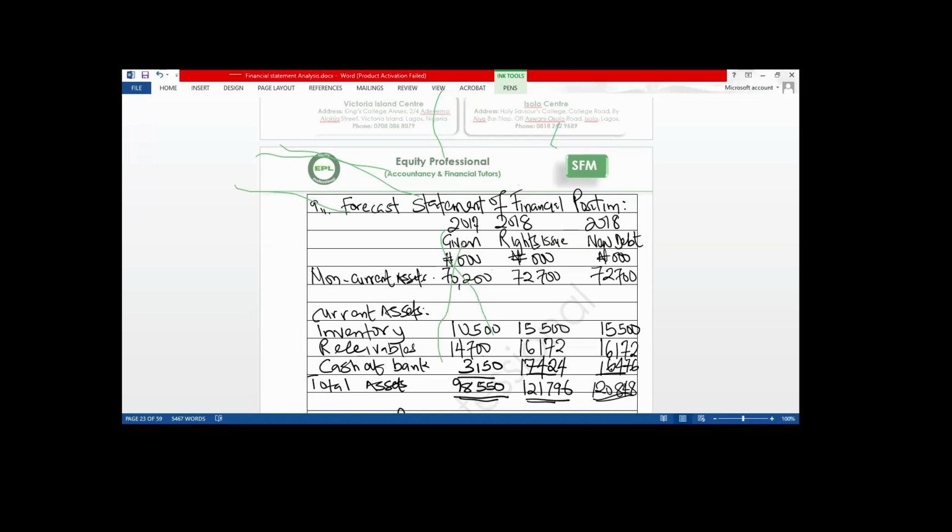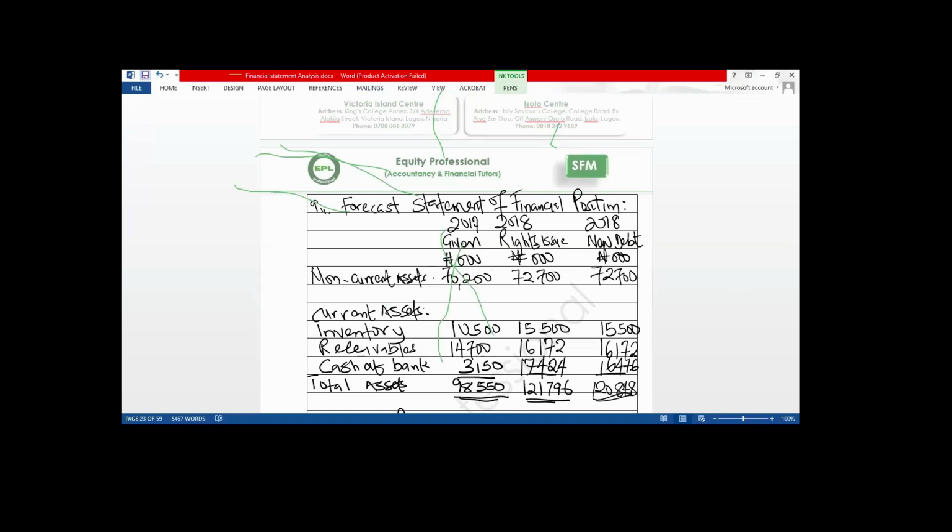But if you are required to prepare the cash flow statement, then we cannot use the balancing figure to get our cash balance. All right. The time is well spent. We are done with the question.